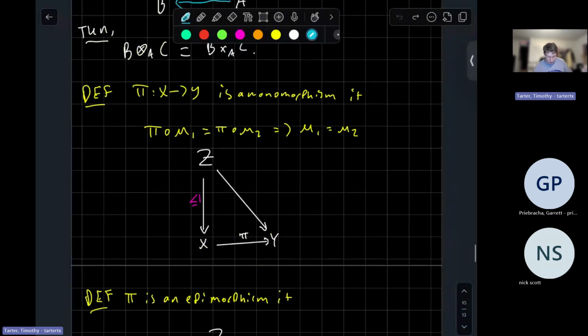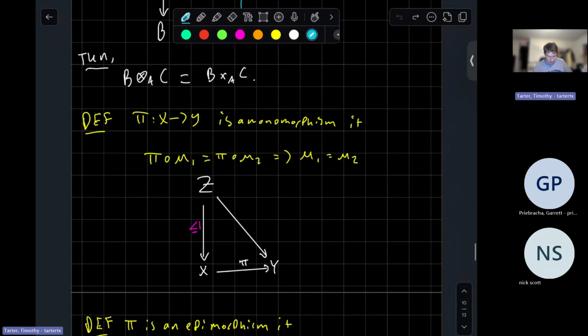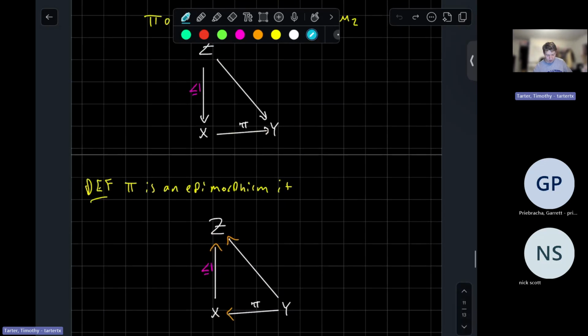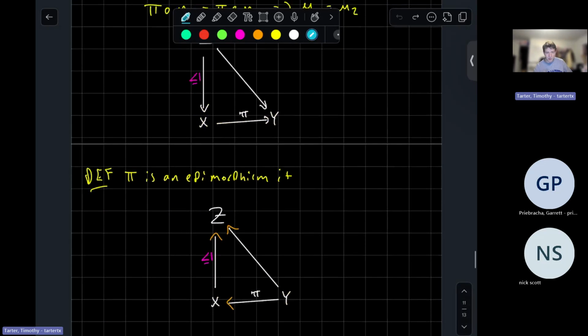Then we talked about monomorphisms. A monomorphism is a map from X to Y such that if you have two compositions of morphisms from Z to X and X to Y, it really means that they're the same morphism. And then an epimorphism is the dual of this, where we reverse all the arrows. This is our notion of injectivity and surjectivity, respectively.